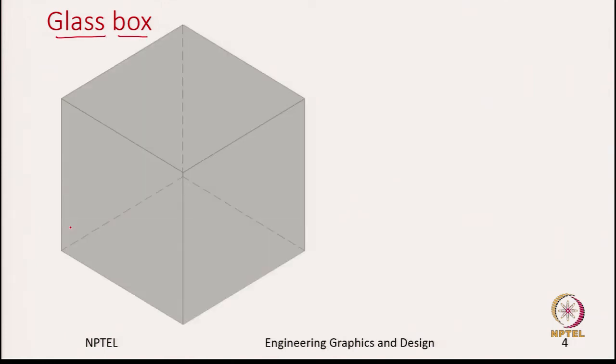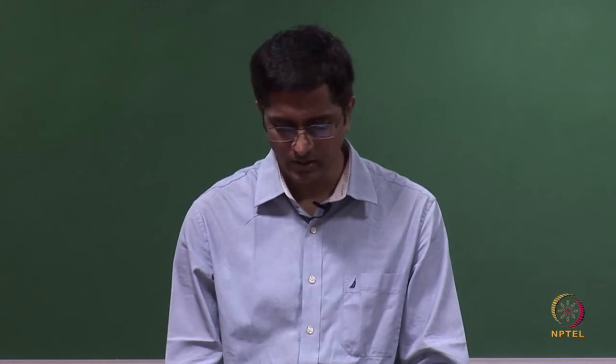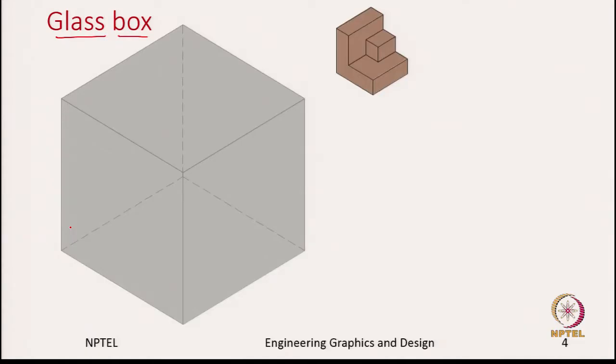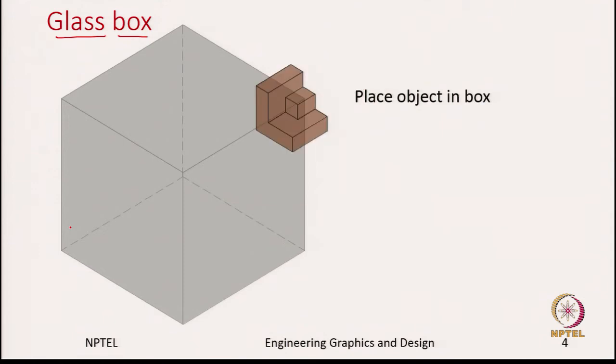So, here we say that there is a glass box, which means all the sides are transparent, and now if we have an object, we want to place this object at the middle or the center of this glass box. So, let us place the object in the box.